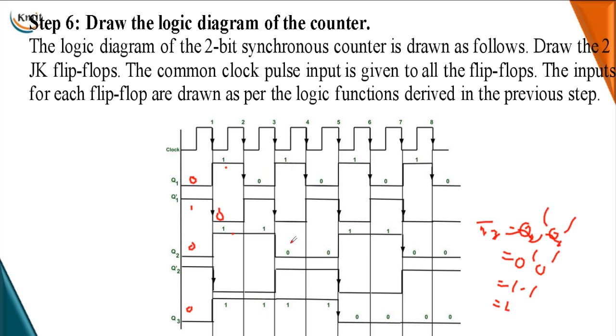The third clock pulse gives 1 0 1, the fourth clock pulse 1 0 0, the fifth clock pulse 0 1 1, which is 3. The 6th clock pulse gives 0 1 0, which is 2, the 7th clock pulse gives 0 0 1, and upon reaching the 8th clock pulse it comes back to its initial state, 0 0 0. So like this we have to design your counter.